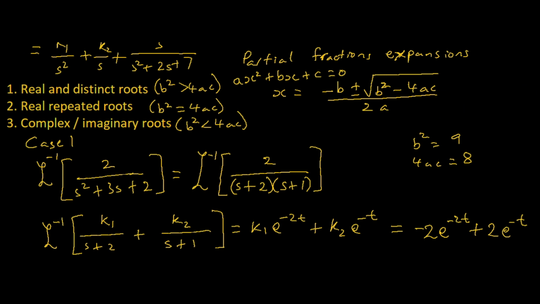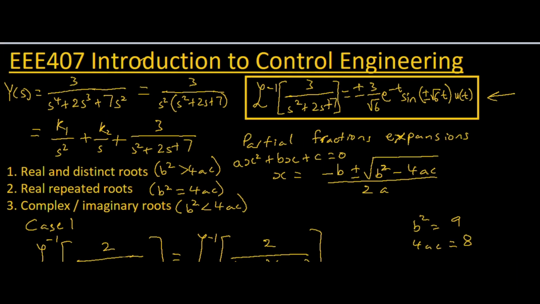Now, one thing I want to mention, in my previous video, we had this expression over here, and we said that our Y of s can be expanded into this expression. Now, this expression is actually rather incomplete.